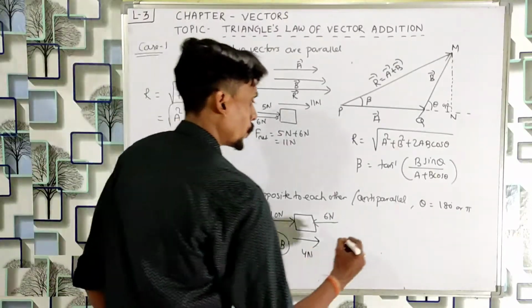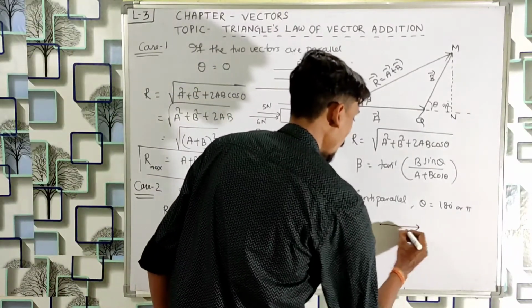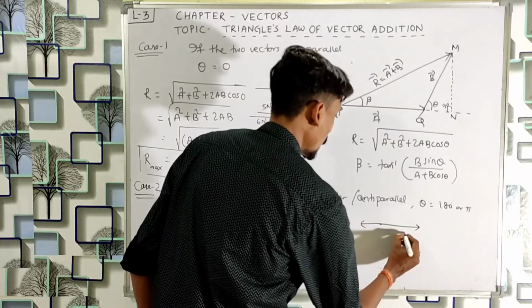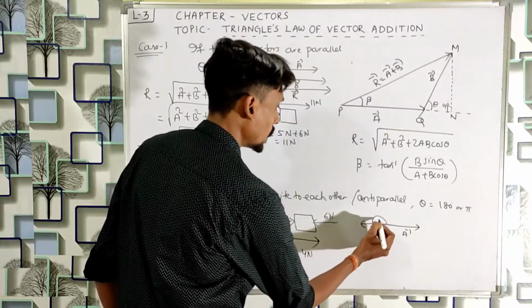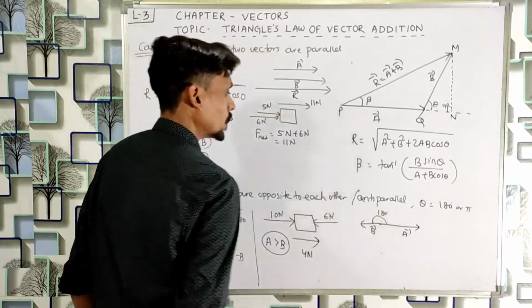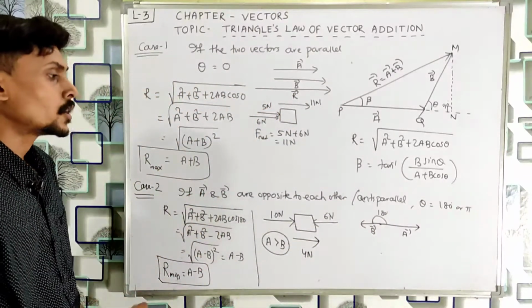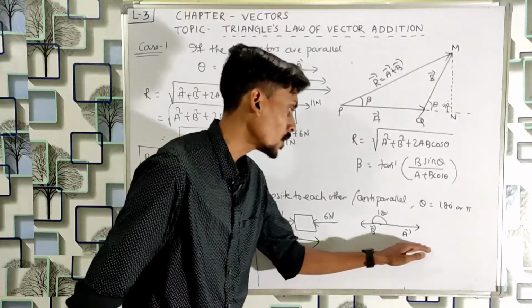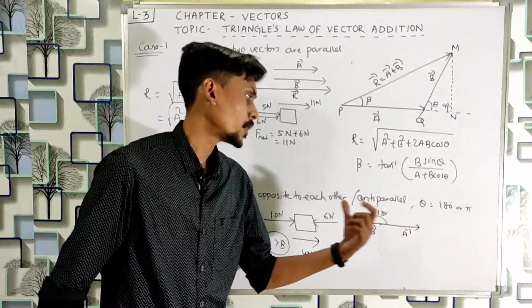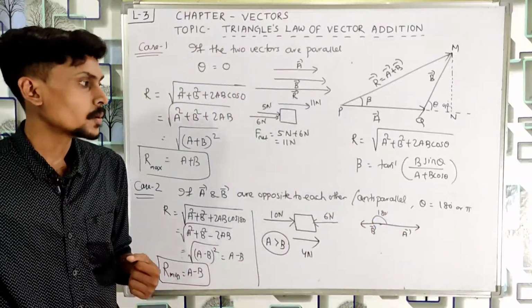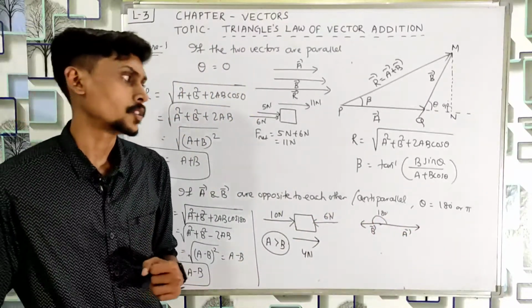So if we have two vectors A and B, and they are opposite to each other, the angle is 180 degrees, then the resultant vector will be directed along the larger vector. And here we have assumed that vector A has larger magnitude, vector B has smaller magnitude.